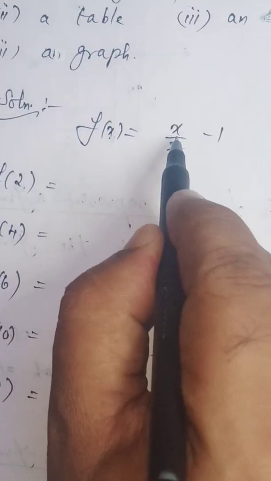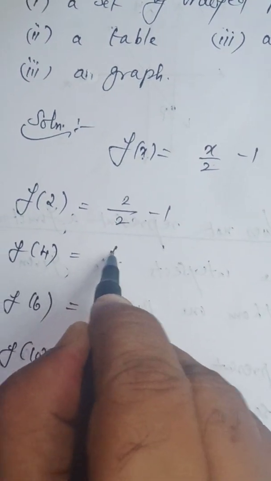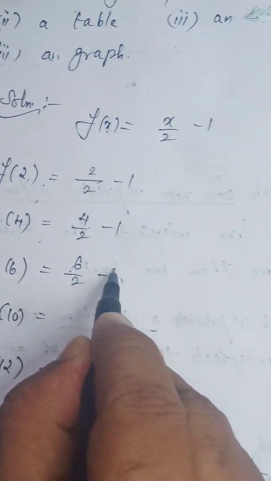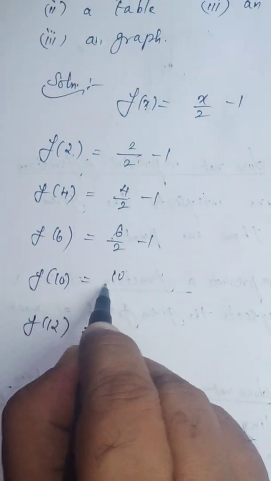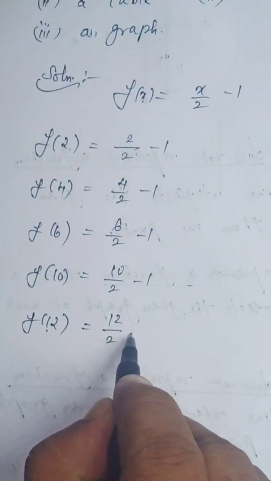Replace x by 2: 2 by 2 minus 1. Next, 4 by 2 minus 1. Next, 6 by 2 minus 1, next 10 by 2 minus 1, last one, replace x by 12: 12 by 2 minus 1.